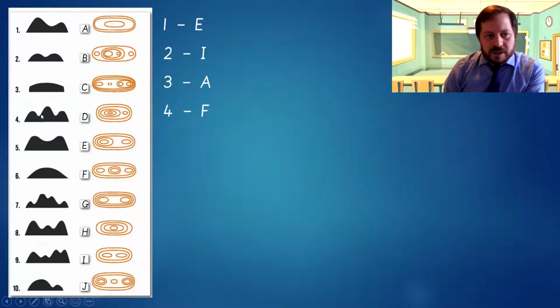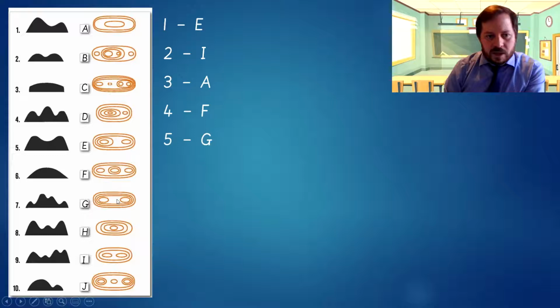Then we've got 4, which has multiple peaks. So we're looking at 1, 2, 3 peaks with a few troughs. So that's F. 5 here, 2 peaks on either side, steep slopes on the far sides and shallow in the middle. And that's G, steep on either side with shallow in the middle.